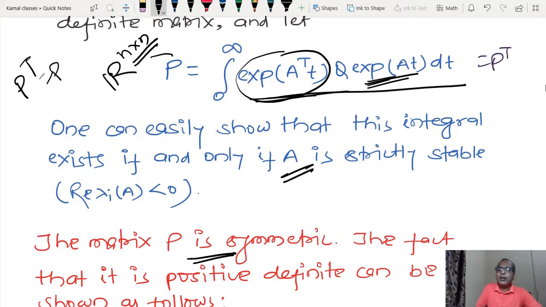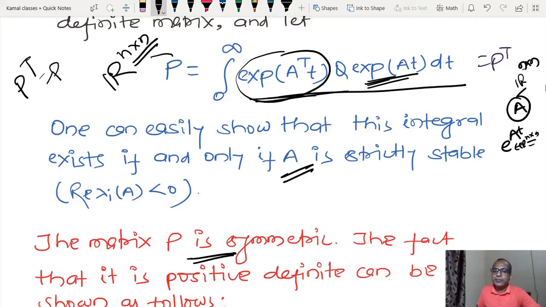One of the easier ways: suppose you have some matrix A in R n cross n, baby Diana. Could you please tell me what is e power A, a scalar or a vector? A matrix. And what is the dimension? N cross n. Now in place of A, even if I multiply with some scalar, is the dimension going to change or not?